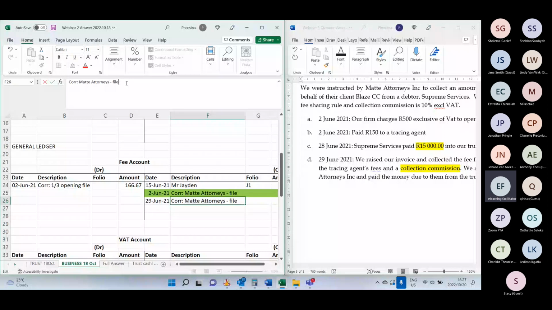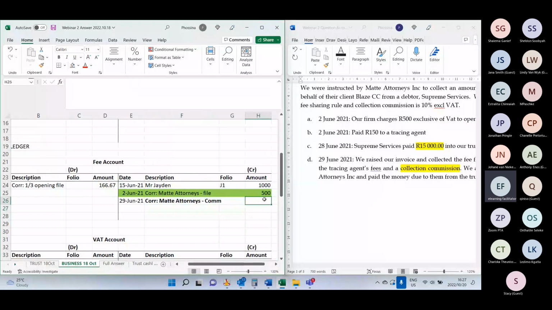So it's our commission, and out of the commission, we are getting 10%. So the amount that we've collected so far is 15,000 multiplied by 10%.